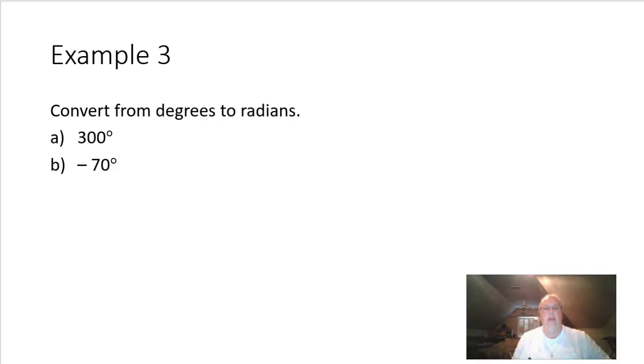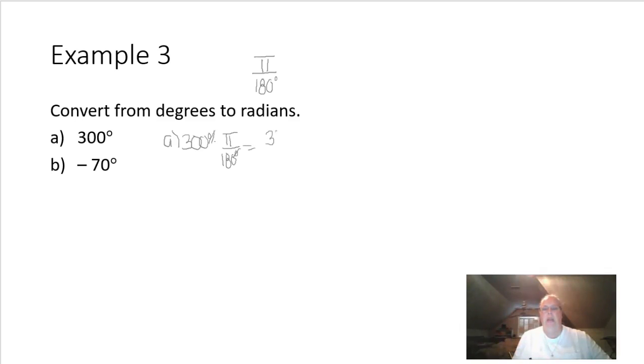Example 3. We're going to convert these degree measures to radian measures, and that means we're going to be multiplying by the ratio pi divided by 180 degrees. For part A, we're going to take 300 degrees and multiply it by pi divided by 180 degrees, and we know the degrees are going to cancel one another out.